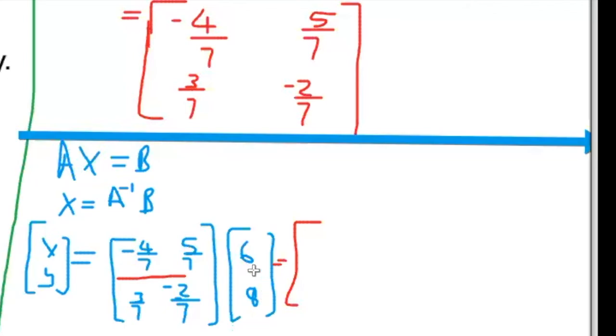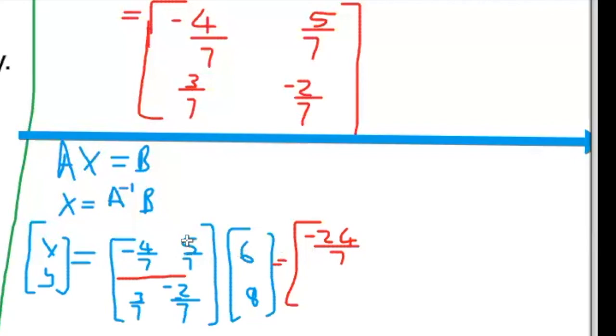Then I multiply 5 over 7 times 8. So doing the first one, -4 over 7 times 6, I multiply the 4 times the 6. That was going to give me -24, and then we just write the 7. So 4 times 6 is 24, and then I have the minus sign over the number 7.